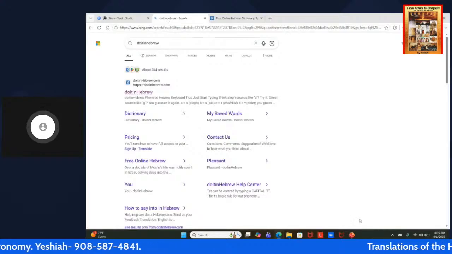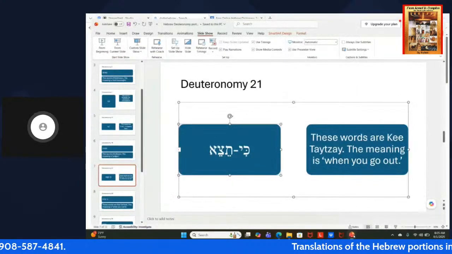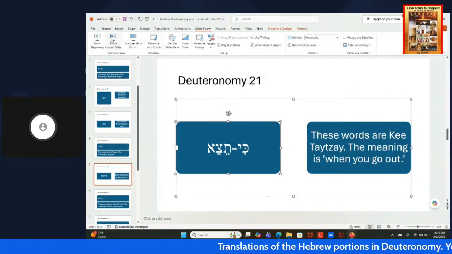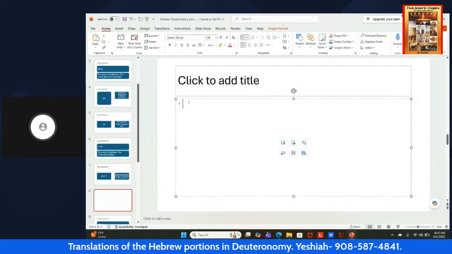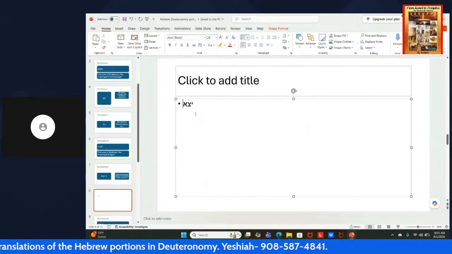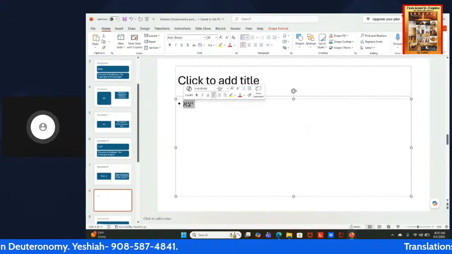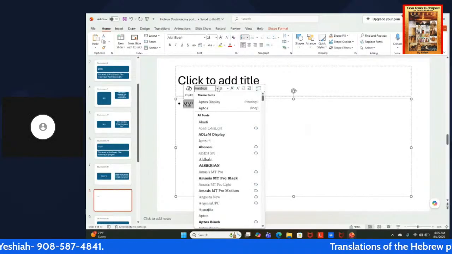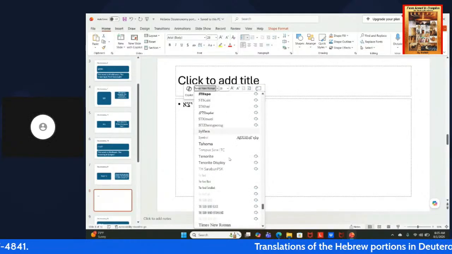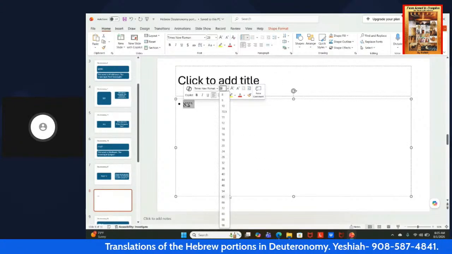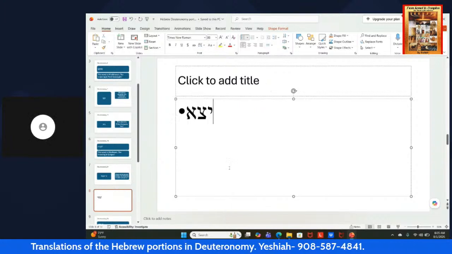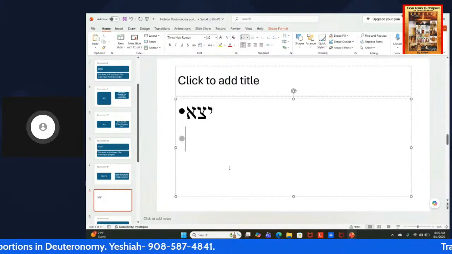So now if we were to pull this back up, brothers and sisters, and let's look at this here, if we were to change the font to Times New Roman and then enlarge it, let me explain what I'm talking about, if we will, right? We have here that root word.